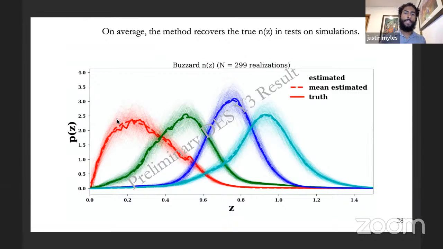The very fine dashed lines represent our estimate of the redshift distributions for one of a set of realizations of the method. What changes from realization to realization is where in the sky we pick the deep fields in the simulation. You can see that any given one may differ from the truth, but if you look at the mean of these, they match up with the truth quite well. And that's what's shown in the dashed thick line.